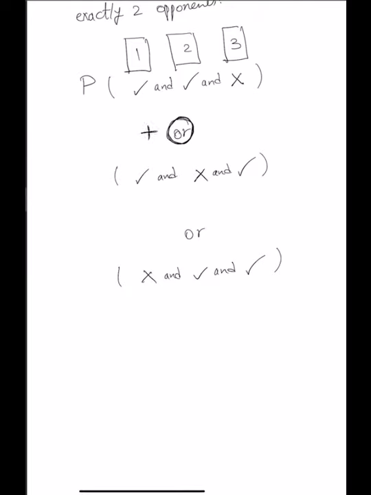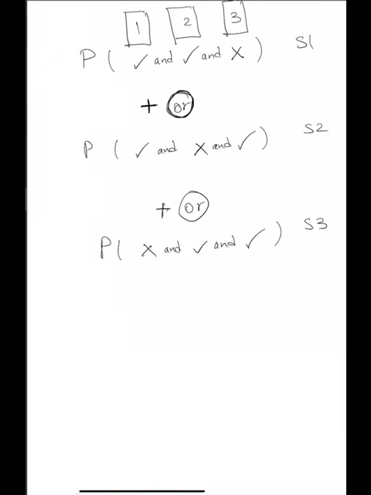Union. Plus. Yeah, in mathematics, it's a plus when we say or. So when we want scenario 1 happens or scenario 2 happens or scenario 3 happens, we add these probabilities. So then, can you tell me what the probability of scenario 1 happening is? We win the first one, we win the second one, we lose to the last one. What is the probability that happens?